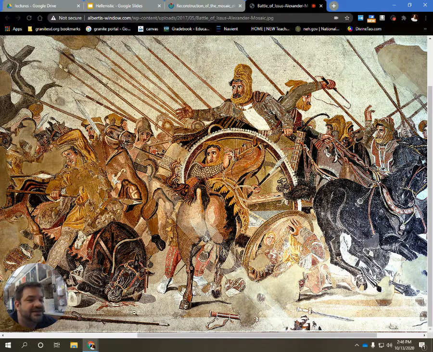So this is a copy, it's a Roman copy in mosaic of a Greek wall painting. Whew. You can see the level of their sophistication, their understanding of depth. You can see, for example, that this horse right here, you can see clearly the foreshortening.